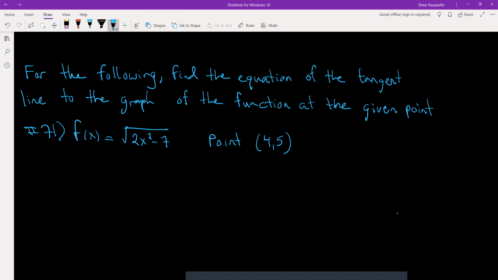So for the tangent line, recall that the slope of the tangent line is given by the first derivative.